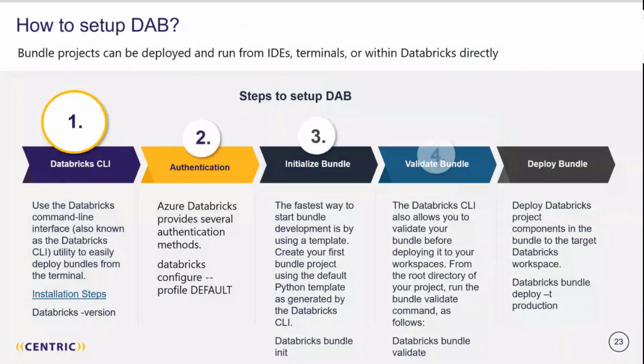So let's see how to set up Databricks asset bundles. The first step there is that you need to install Databricks CLI. Depending on what kind of an OS you're using, whether you're on a Windows machine, a Linux machine, or a Mac OS, on all these machines, you can install Databricks CLI.